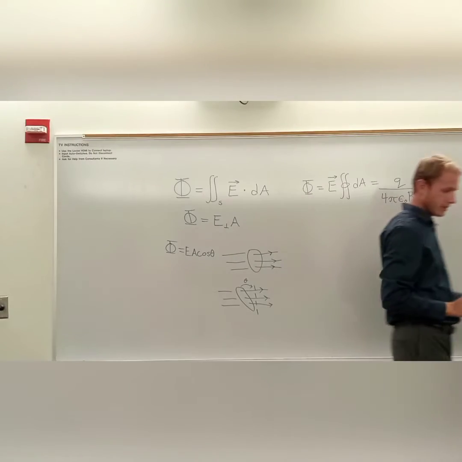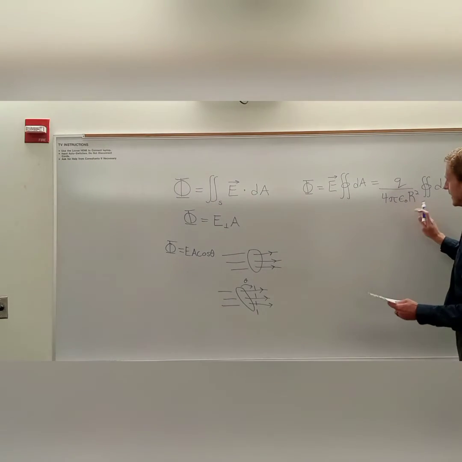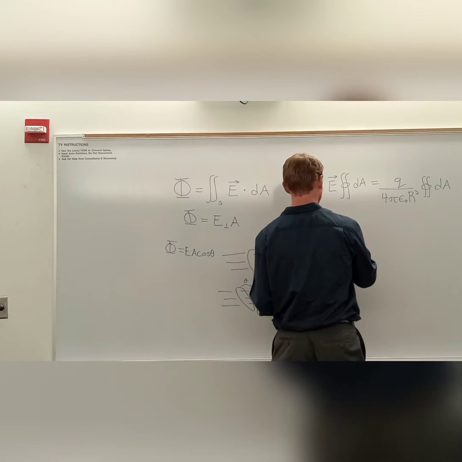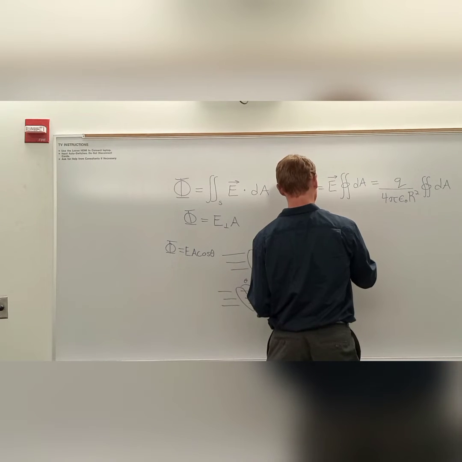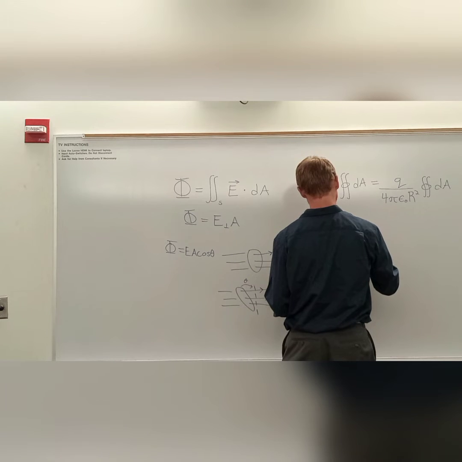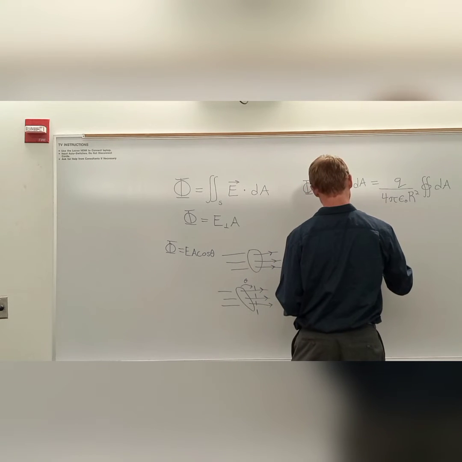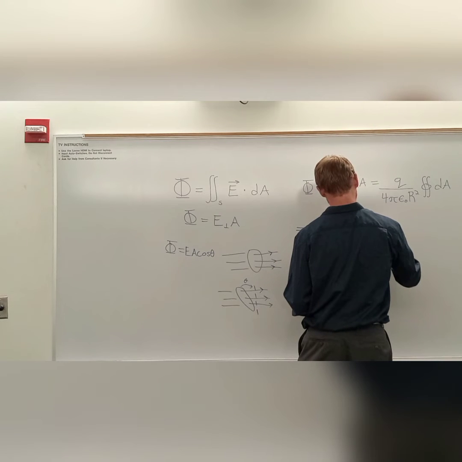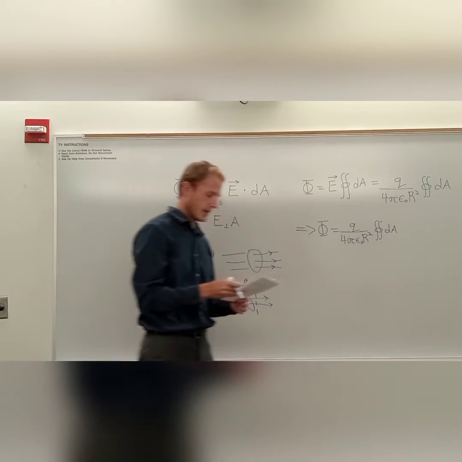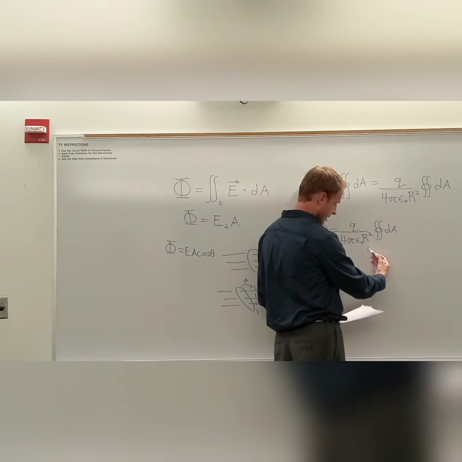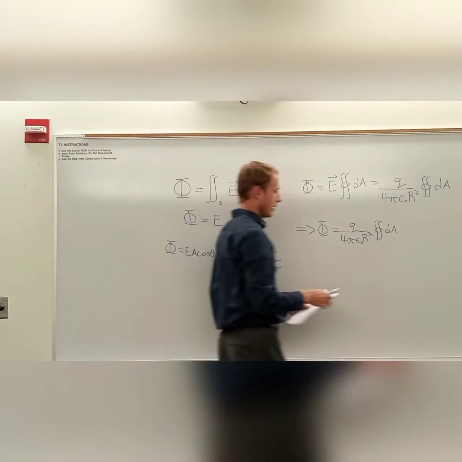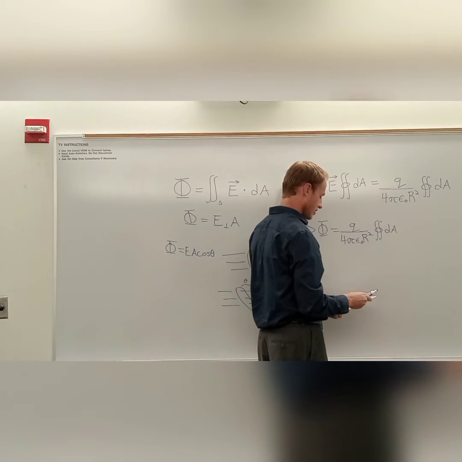So I'll write it again, we have our expression as Q over 4 pi epsilon naught r squared, the integral of dA. And this r squared denotes the radius of a Gaussian sphere, and the integral over a closed surface dA is just the area.